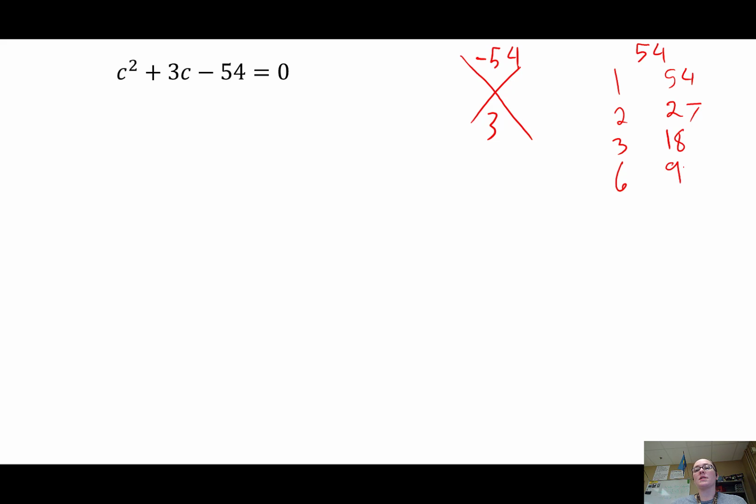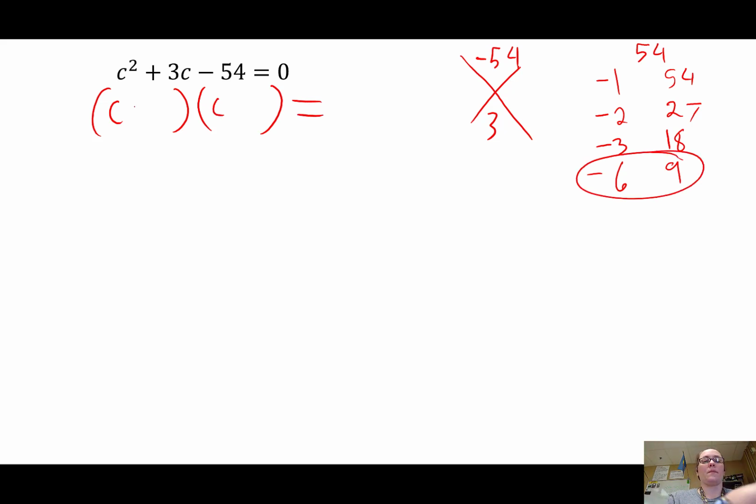Now, since 54 is negative, only one of my factors is negative. And since b is positive, that makes the smaller one negative. So which of these is going to add to 3? Well, negative 6 and 9. So we get c minus 6 times c plus 9 equal to 0.